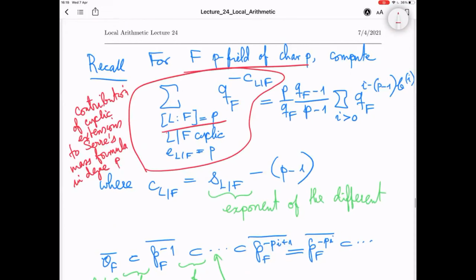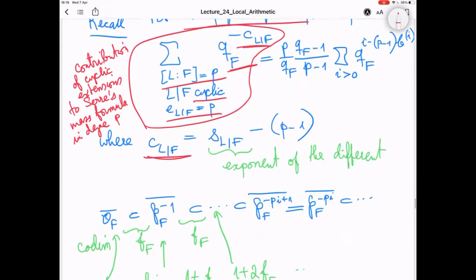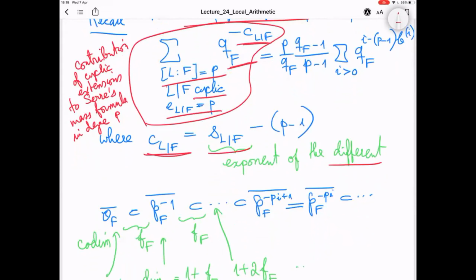Degree p here, cyclic. And Serre's mass formula talks about totally ramified extensions. So e_{L/F} is also equal to p. And the terms were q_F to the power minus c_{L/F}, where c_{L/F}, recall, is the exponent of the different minus p minus 1, which is what it would have been if it had been a tame extension of degree p.